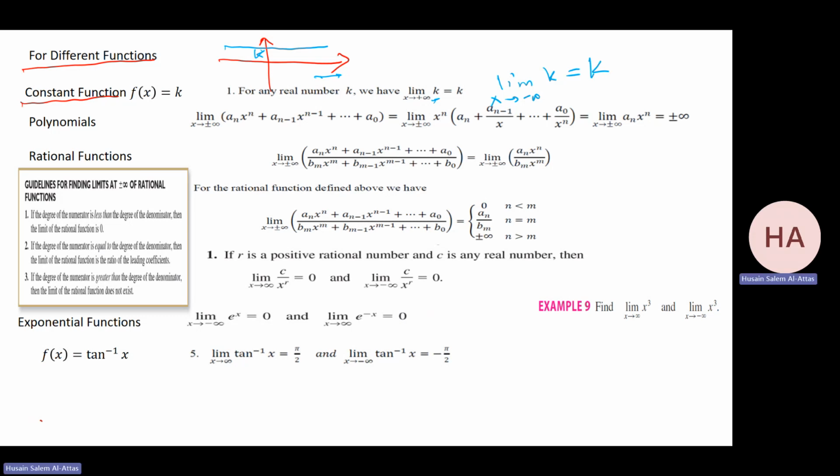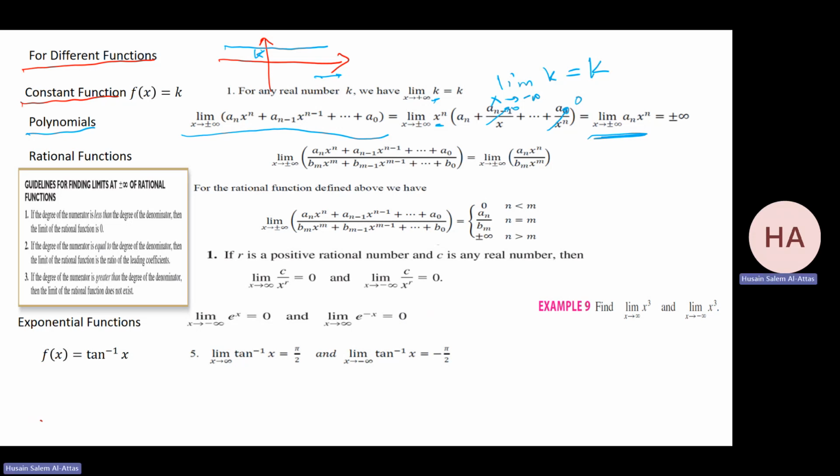Okay, now we'll go to the polynomials. What will happen to the polynomials? If I take x to the power n as a common factor, then I have a_n plus this. As x goes to plus or minus infinity, all of these are going to 0. So actually, the limit of all of this is the same as the limit of this one.